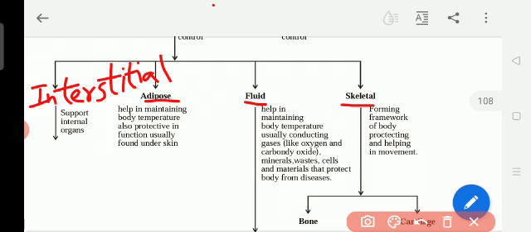So interstitial means what? Support internal organs. Look at your textbook, page 104. I will read from the textbook.